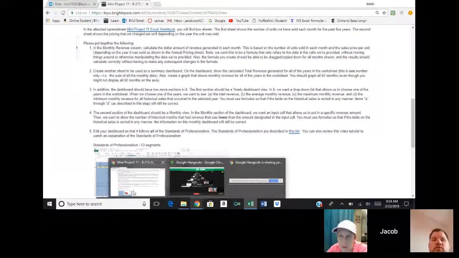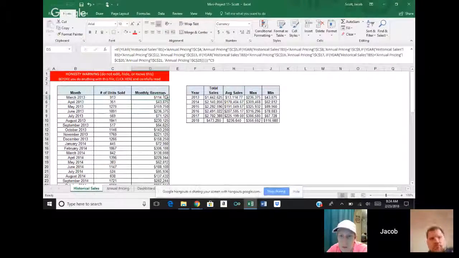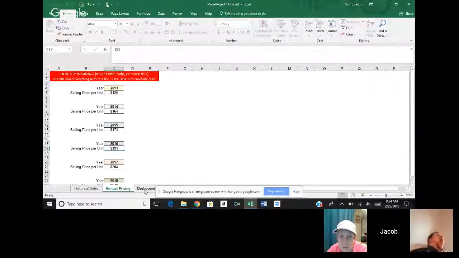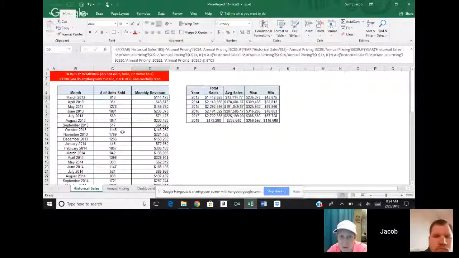So if the year here equals year here, then input this cell, and then another if this year equals whatever. So do 5 different if functions embedded in each other, and then at the end just multiply by C5. Gotcha. Yeah, it was really simple once I figured that out.